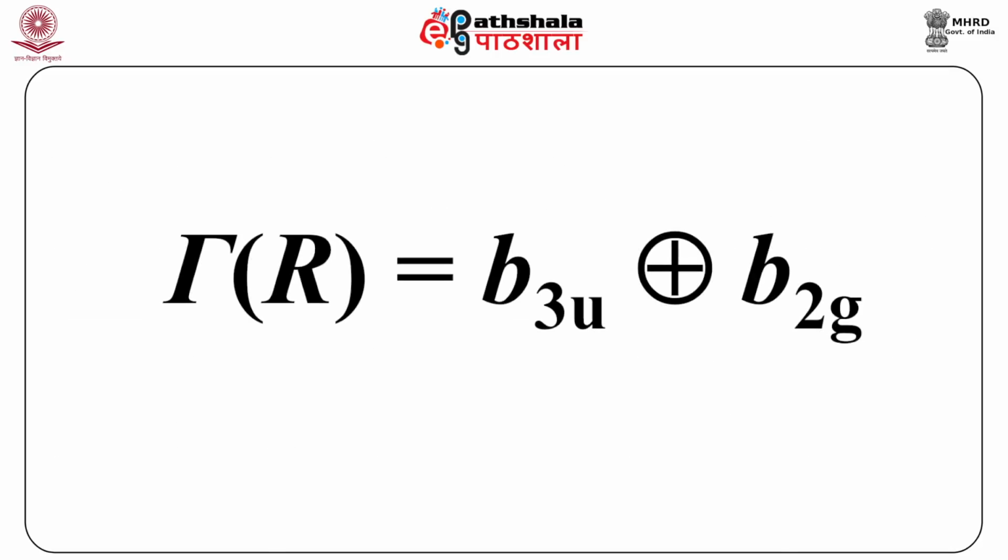Now, when you resolve the reducible representation, you find that it is equal to B3u plus B2g, and then to find out the combinations corresponding to B3u and B2g, we use the projection operator method.